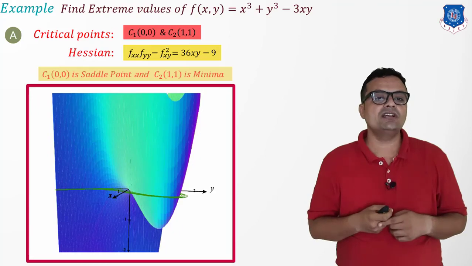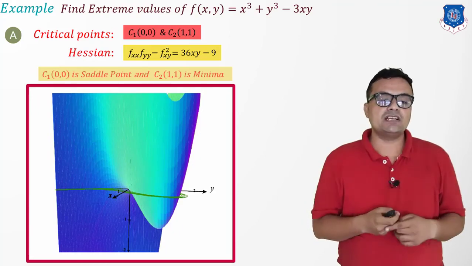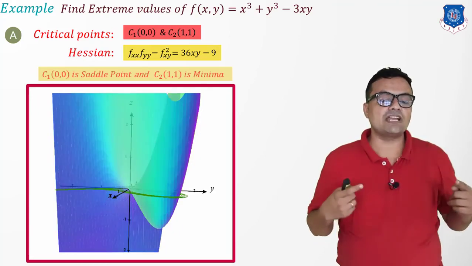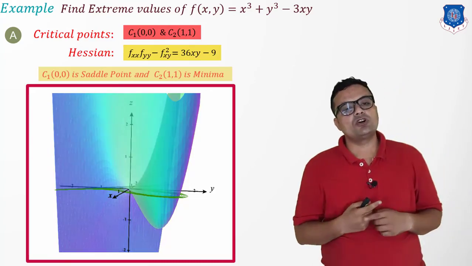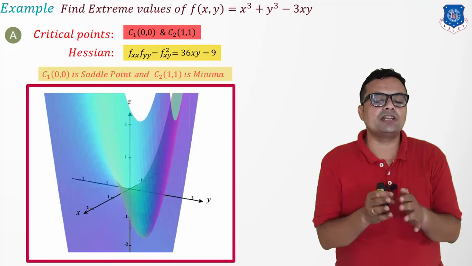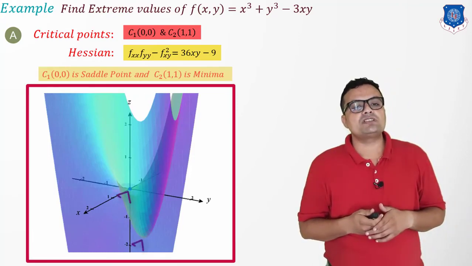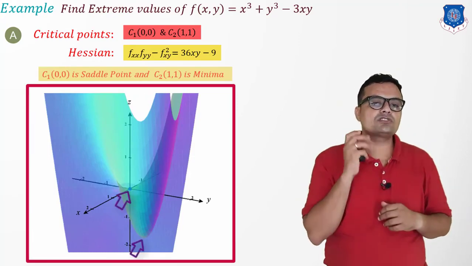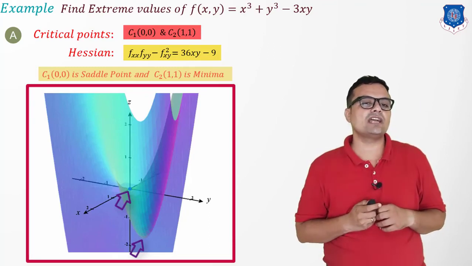That is how you can find critical points on the contour map: by intersecting contour lines, or in a particular region, if they are shrinking at a particular point, there can be a point which is minima or maximum. Now I will focus on these 2 points, 0, 0 and 1, 1.